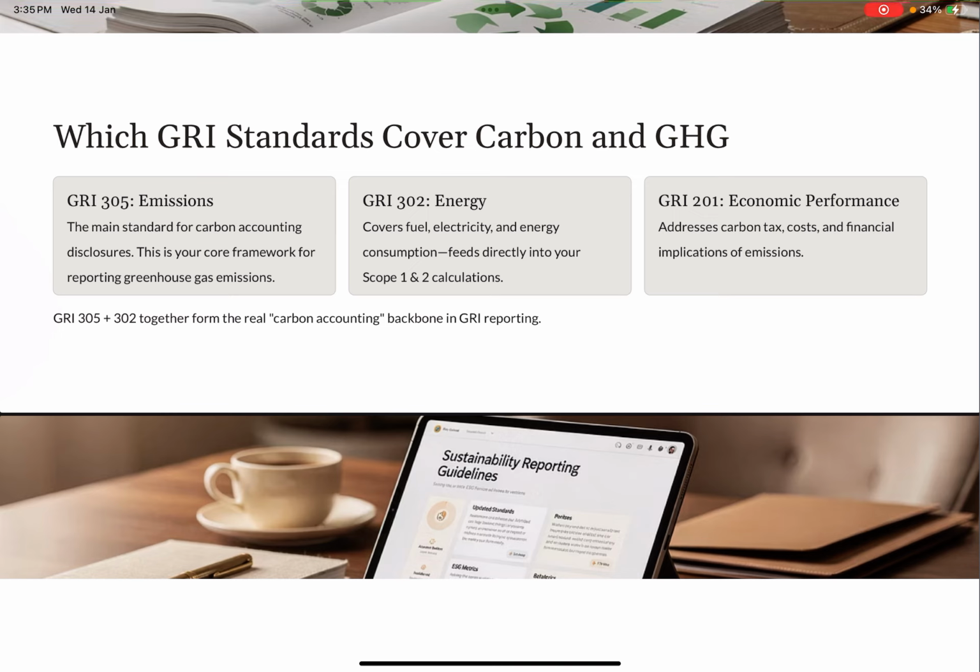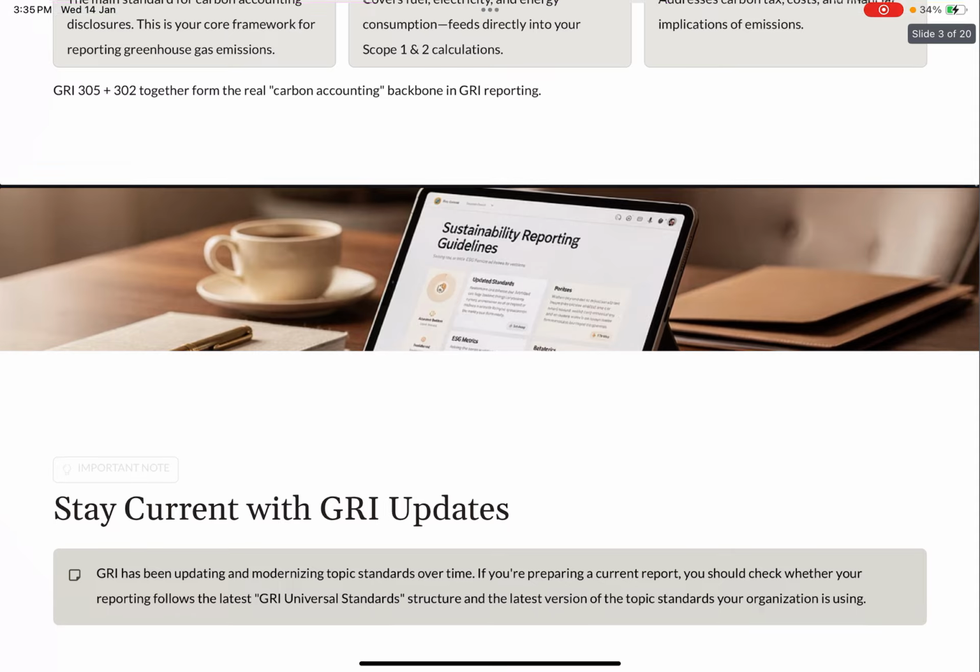Along with this, we might also be interested in understanding the economic performance, which is reported in GRI 201, which addresses the carbon tax, the costs, and financial implications of emissions.